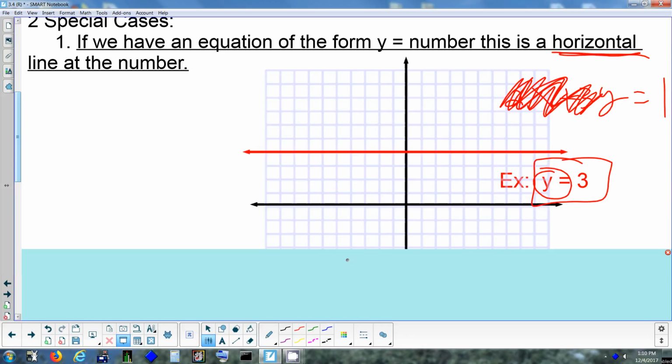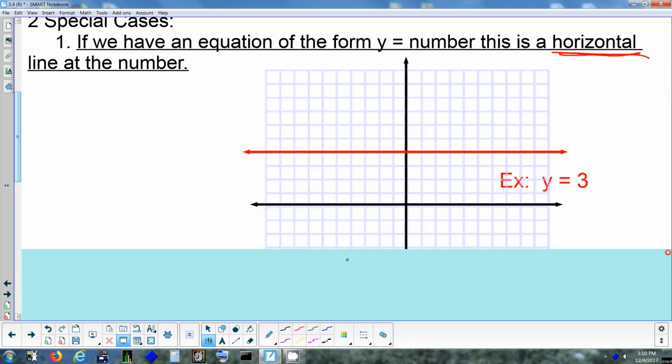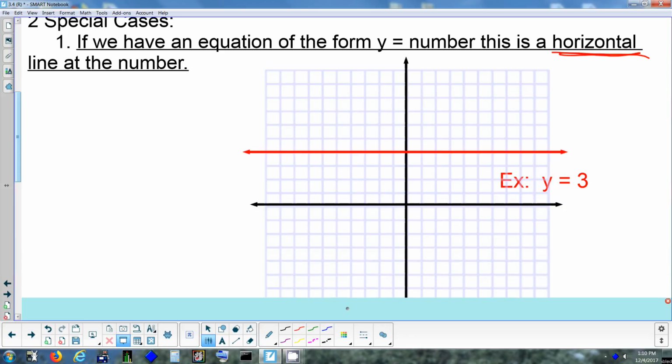Are we copying this down? Yes, it says two special cases. There's a number 1 above that graph. You want to write in that information. If we have an equation in the form of y equals a number, this is a horizontal line at the number. Are we copying the graph?